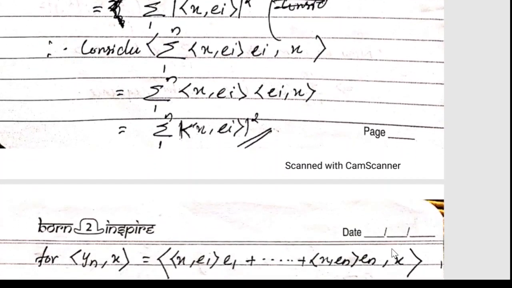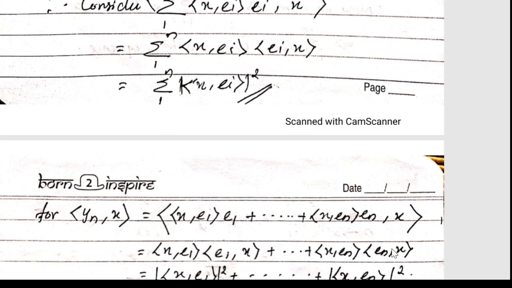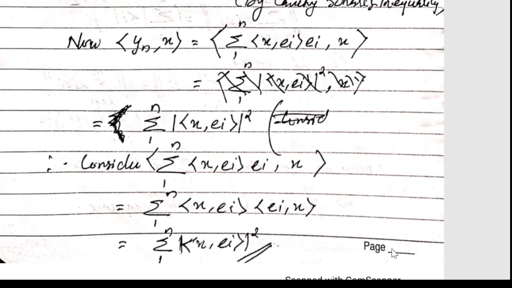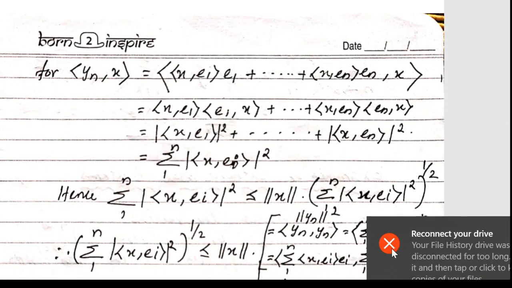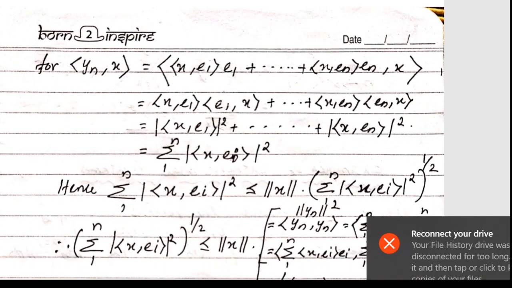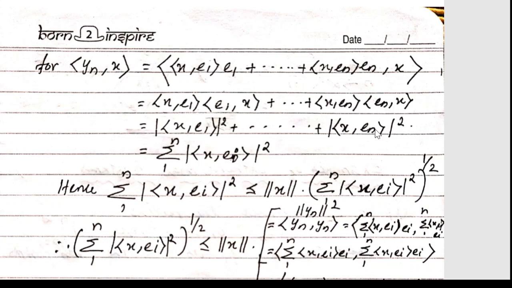Now we can also prove this by just expanding. We want the inner product of y_n with x. So substitute what y_n is: y_n with x is equal to the inner product of x and e_1 into e_1, plus and so on, plus the inner product of x and e_n into e_n, comma x.